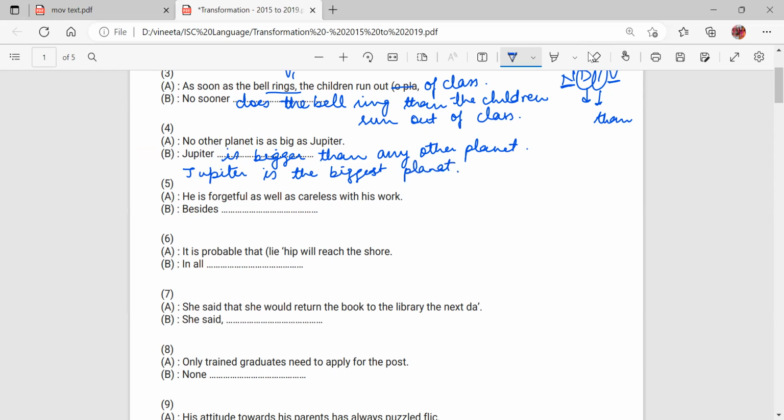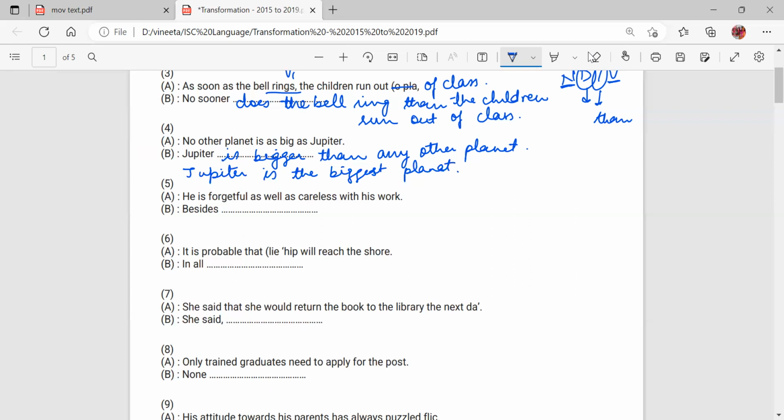Okay. Now, in degrees of comparison, there is one more type of sentence that we get. Like if it had been here, Jupiter is one of the biggest planets. One of the biggest planets. See the difference. जब हम कहते हैं Jupiter is the biggest planet, यानी कि Jupiter सबसे बड़ा planet है. So when we are changing it to comparative, no other planet is as big as Jupiter. कोई भी planet इतना बड़ा नहीं है जितना Jupiter. या फिर Jupiter is bigger than any other planet, मतलब कि Jupiter किसी भी और planet से बड़ा है. ठीक है.